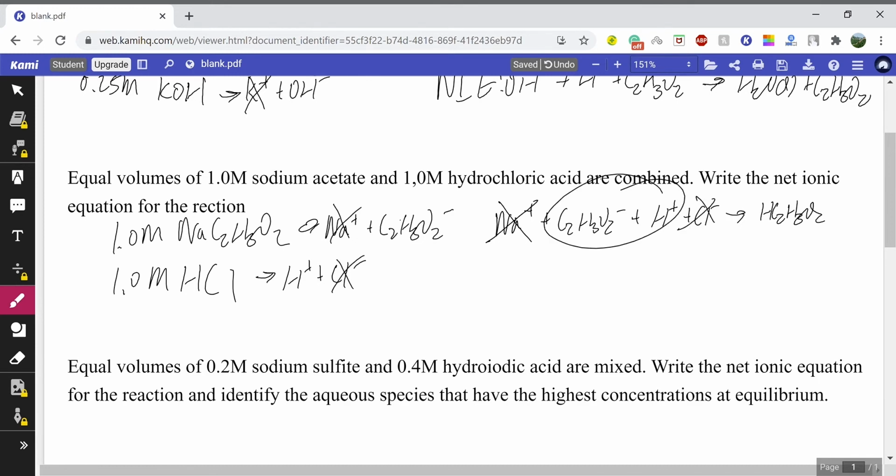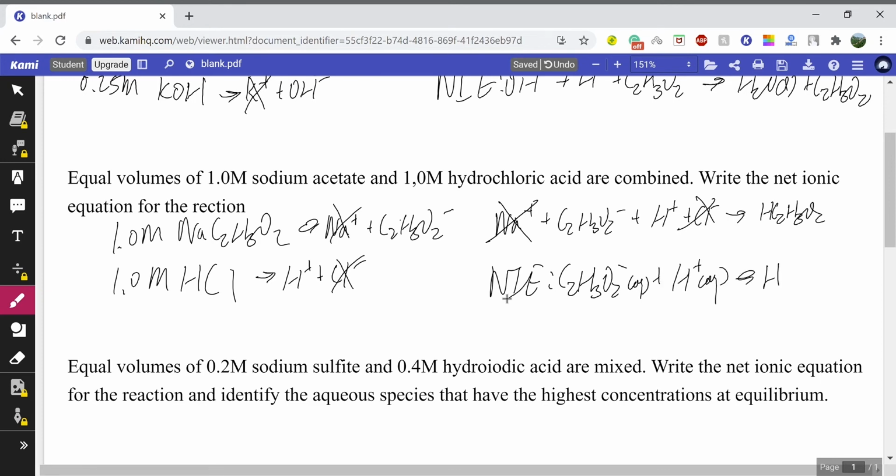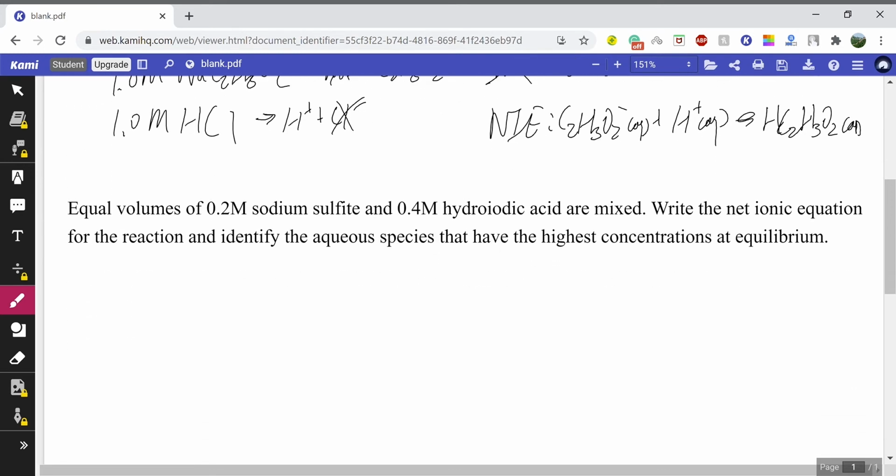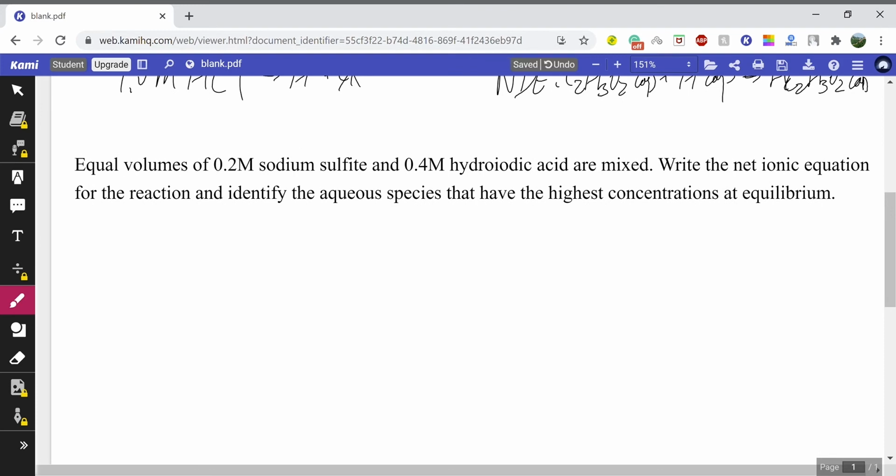So let's rewrite it as a net ionic equation: C2H3O2 minus aqueous plus H plus aqueous forms HC2H3O2 aqueous.